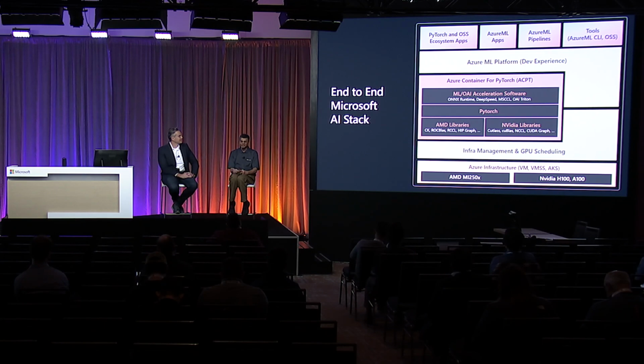You bring what you are comfortable with, and out of the box, Azure Machine Learning provides a whole bunch of feature functionality that you can use to build your own Azure Machine Learning apps using the SDK. And then for more complex orchestration, we provide an Azure Machine Learning pipeline. You have a data processing pipeline feeding into a machine learning training pipeline, and then into an evaluation and deployment pipeline.